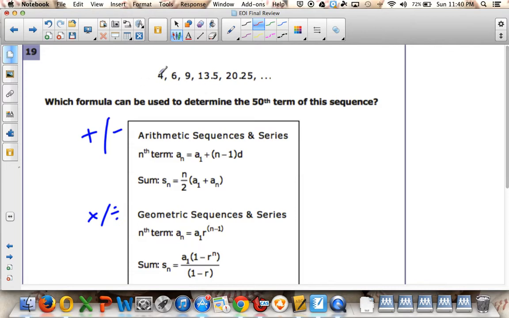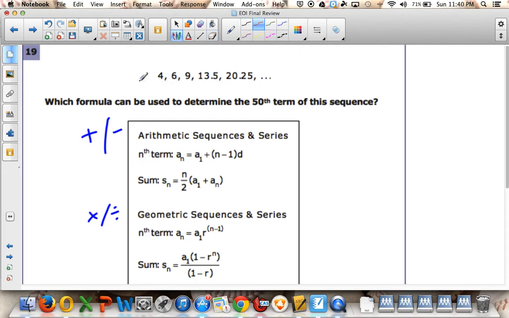So let's look. How do I go from 4 to 6? Well, I add 2. How do I go from 6 to 9? I add 3. Well, it can't be arithmetic because therefore it would be a constant term: 2, 2, 2, 2, 2, 3, 3, 3, 3, 3. It would never deviate from that difference.